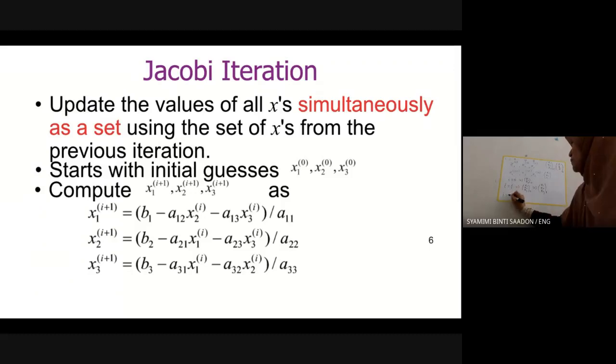Therefore for I 2, we use this S1, S2, S3 at 1 to get S1, S2, S3 at 2, and so on until n iterations. Depends, so this one we set how many iterations we have to find.